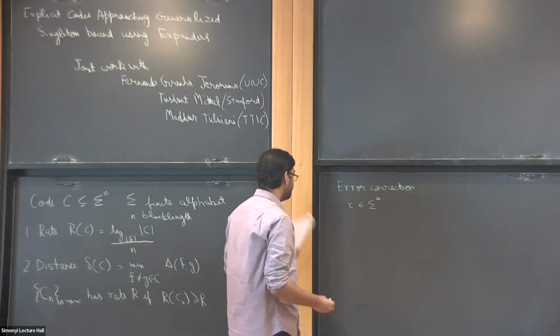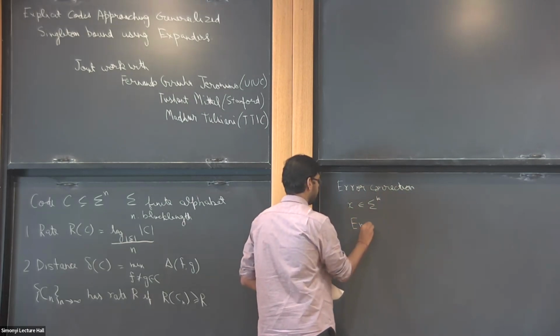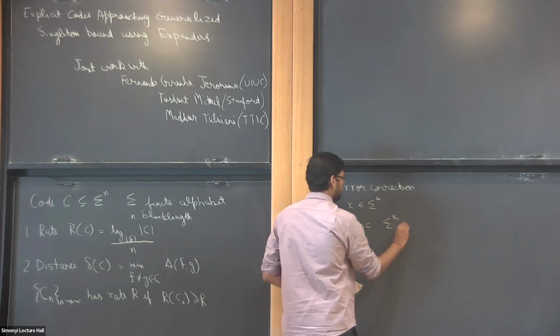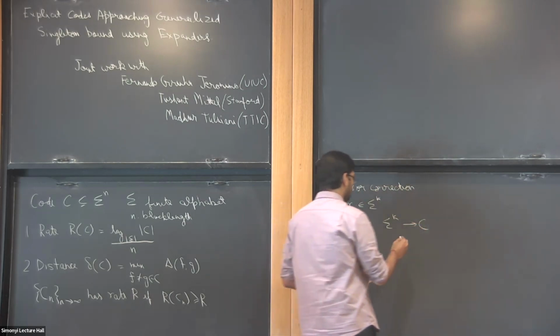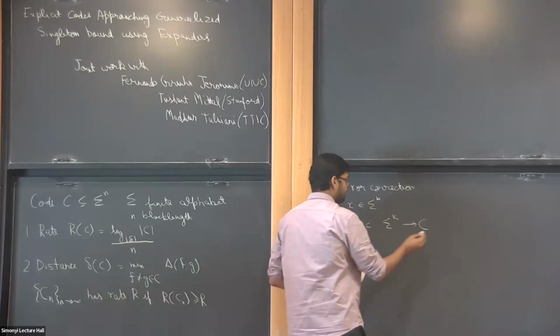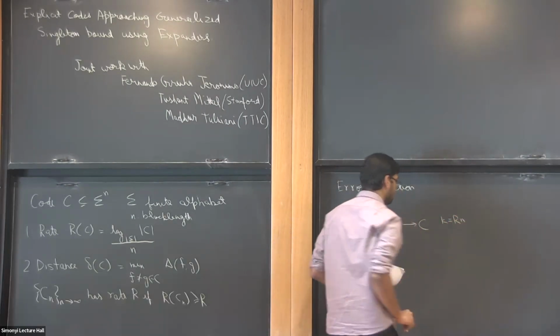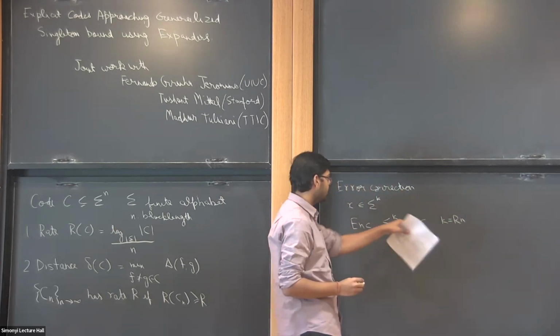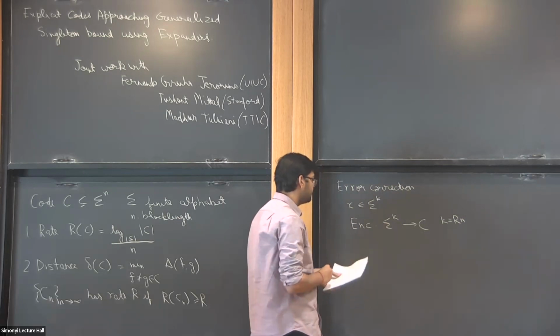Then the way we use these codes is to first decide a bijection between sigma to the k and the code C. And for this to happen, it must be the case that k is equal to Rn, where R is the parameter that we defined there.